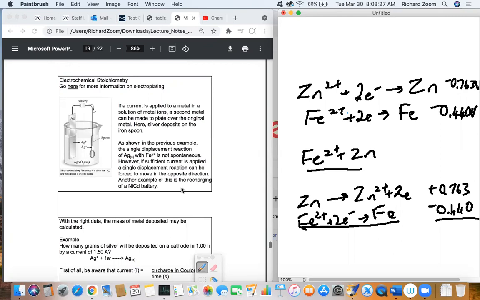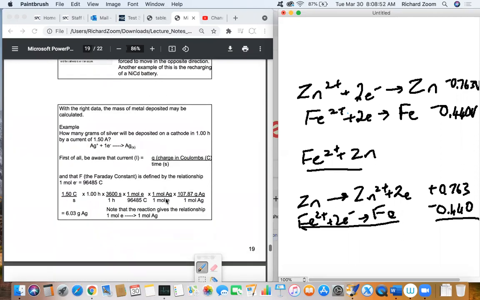And what can happen is we can put electrons into the spoon, and the silver will turn into silver plus, and that silver plus will turn back into silver as it coats the spoon. And that is going to happen because, well, it's not a spontaneous process, but if we put a battery in and allow the supply of electrons to occur, then we can make this happen.